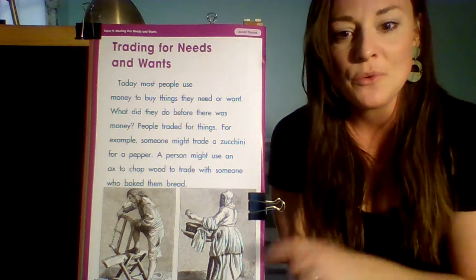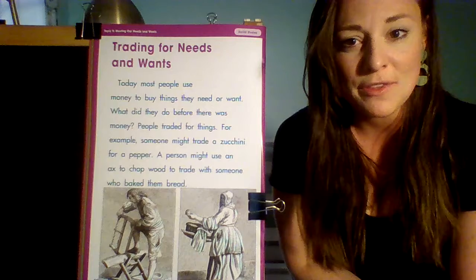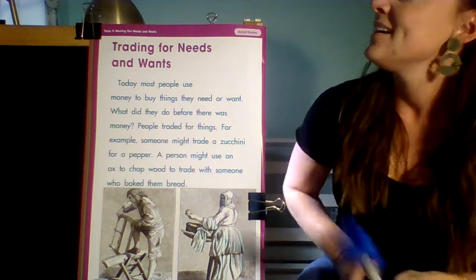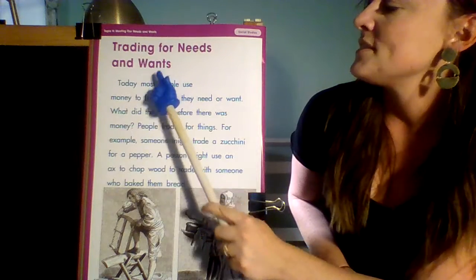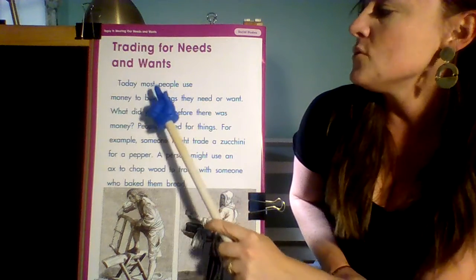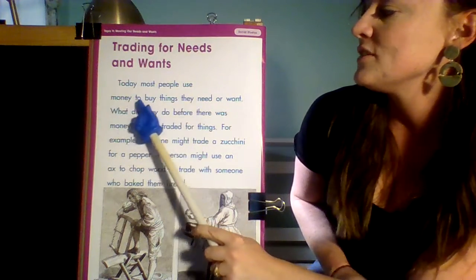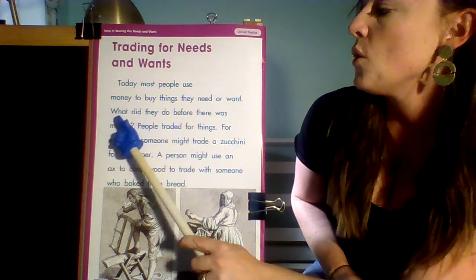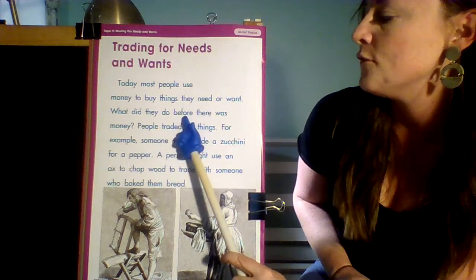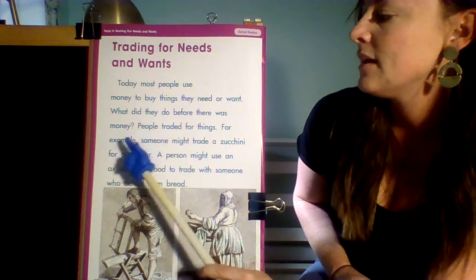Alrighty, I'm going to read through one last time. If you want to read along with me, go ahead and join me. Trading for needs and wants. Today, most people use money to buy things they need or want. What did they do before there was money?